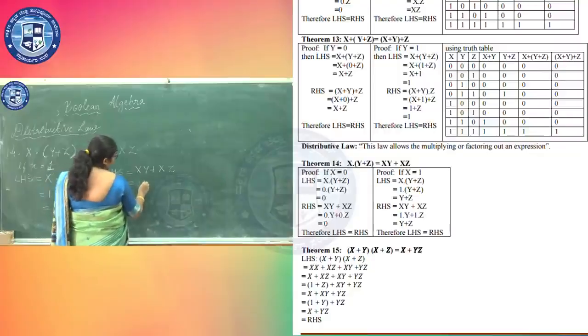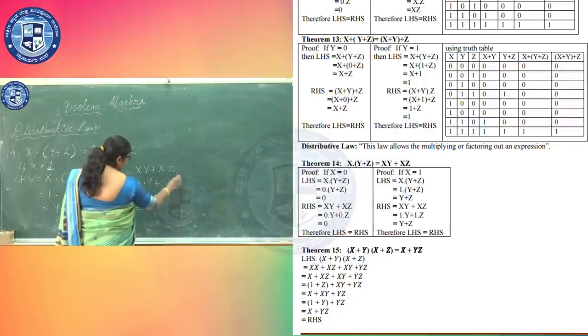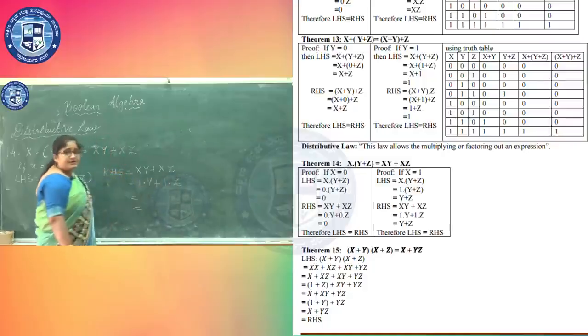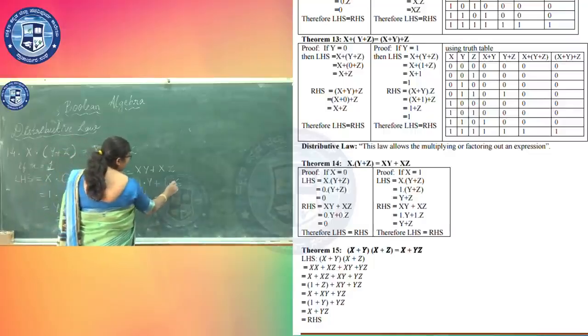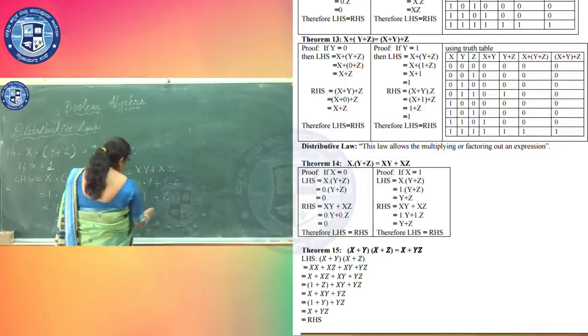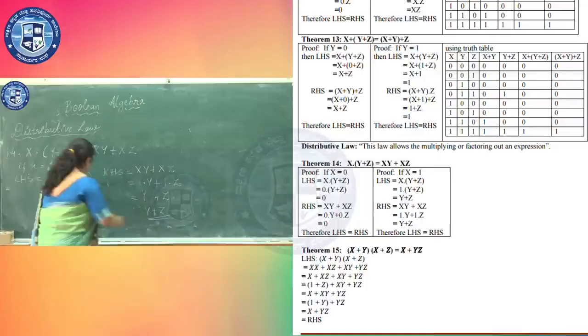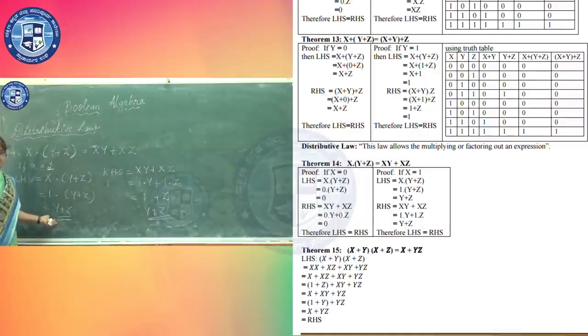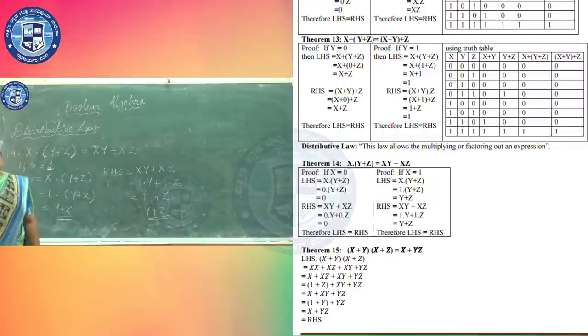The x value is 1 into y plus 1 into z. 1 and y is nothing but y, plus 1 and z is z, that is equal to y plus z. So we got the answer in the LHS to be y plus z. Here also we have the value y plus z. So this is proved with x value to be 0 and also the x value to be 1.